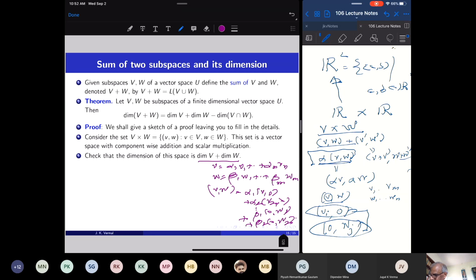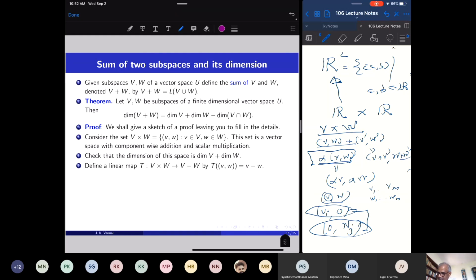These m plus n vectors are linearly independent. So these are dimension V plus dimension W vectors, so the dimension of this space is the sum of the dimensions.